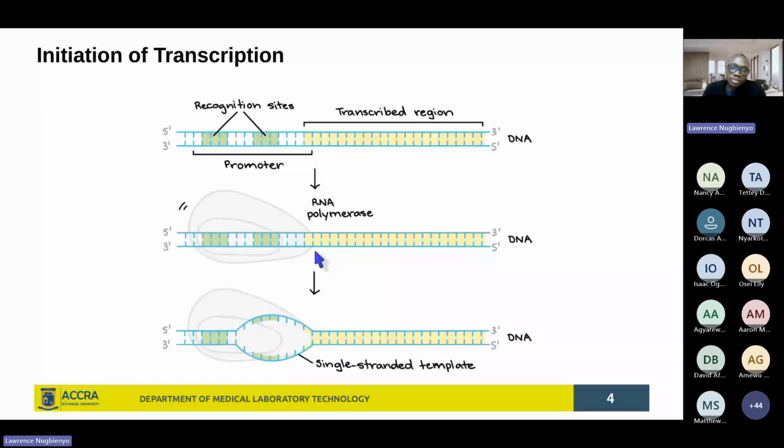So we see in the DNA strand, there are portions that are referred to as promoter regions or recognition sites. And I think you saw that in the animation being referred to as the TATA box.